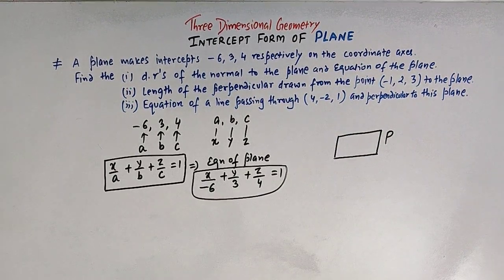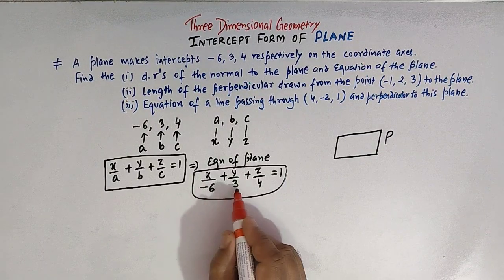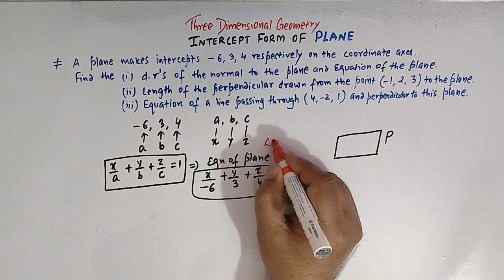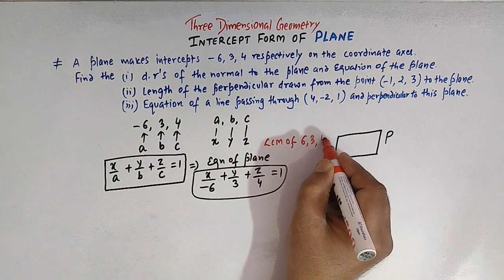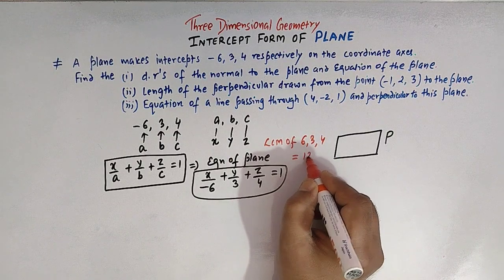So now let us rearrange this equation by taking the LCM of 6, 3 and 4. The LCM of 6, 3 and 4 is equal to 12.